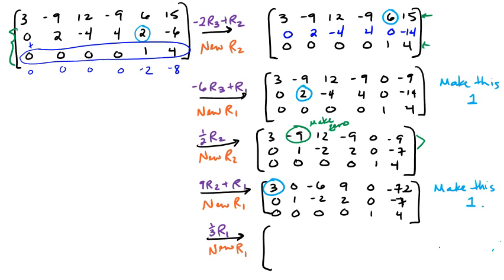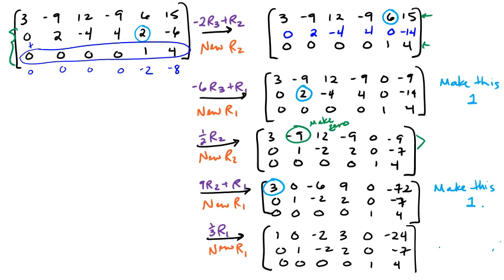So I am dividing everything in row 1 by 3. So I have 1, 0, -2, 3, 0, -24, 0, 1, -2, 2, 0, -7. The last row remains the same.